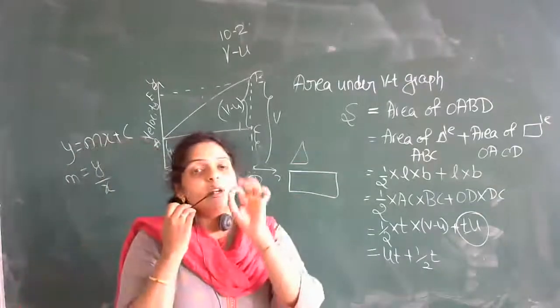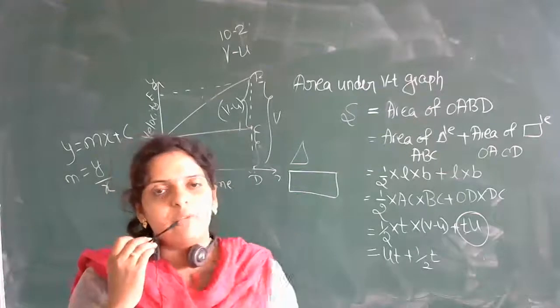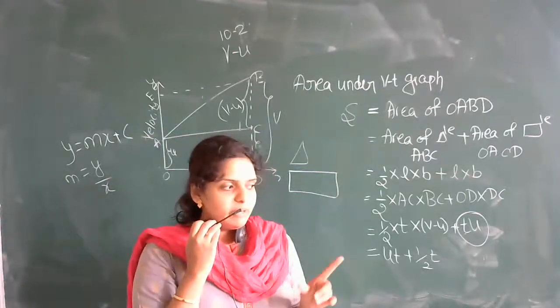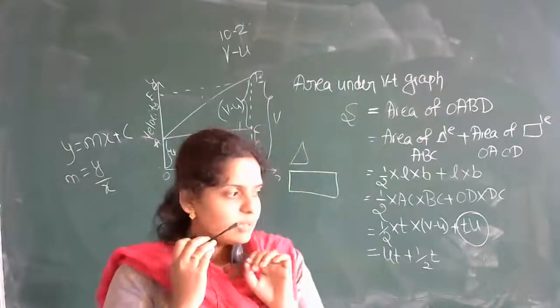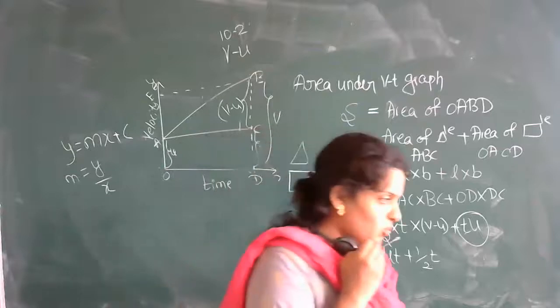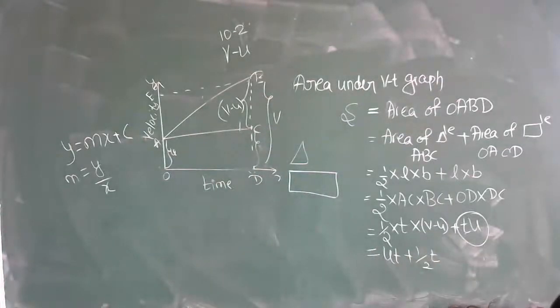Now from the previous derivation, you have written V minus U is equal to something. What is that V minus U is equal to? Suvarna, what is V minus U equal to?